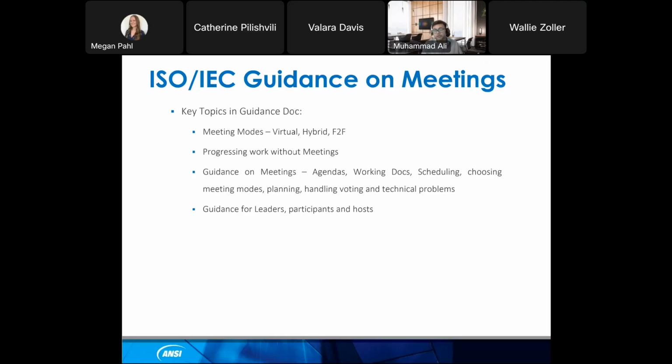In most cases, your committee will meet 2 times a year, whether it's face-to-face or hybrid. But how do you actually progress the work in between those meetings? It also includes guidance on agendas, working documents, scheduling the meetings, choosing the meeting modes, how to plan for the meeting if you are doing this hybrid and in person, handling votes and technical problems, and guidance for leaders, participants, and hosts.